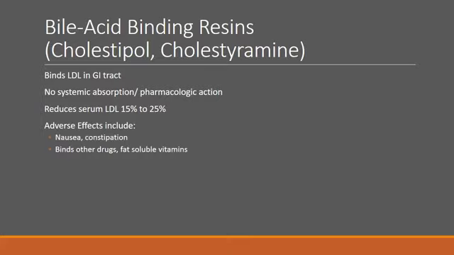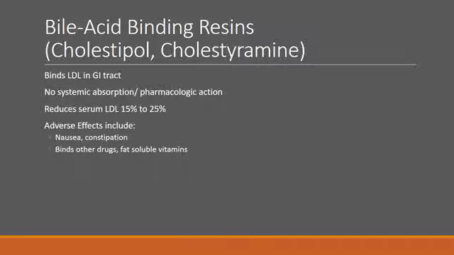So these resins are pretty good at reducing up to 25% of the low density lipoproteins or LDL. Once again, we do have some adverse effects that can inhibit some of the effectiveness. The main thing that we see here are nausea and constipation.